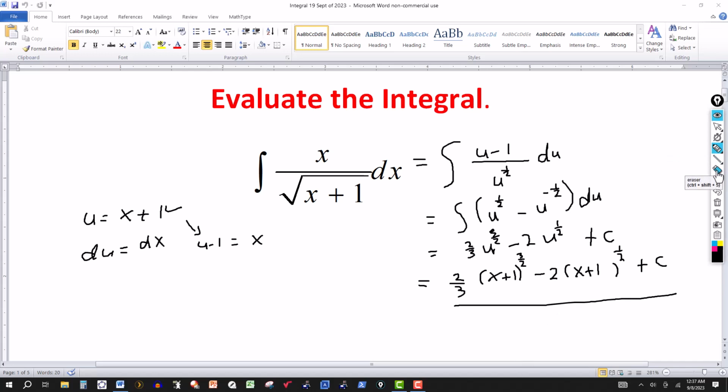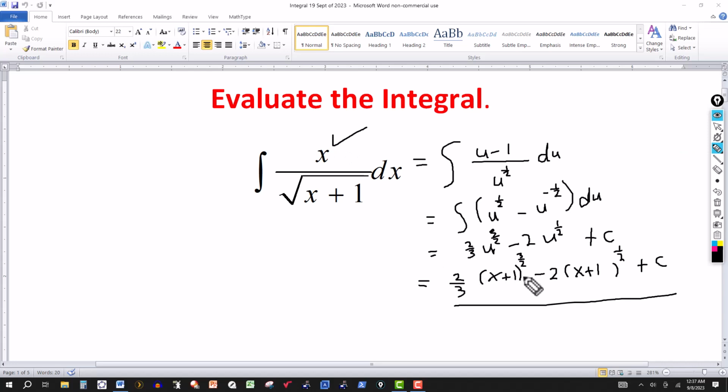And whenever you have time, just to practice your derivatives, you should check. So this is it for the video, but just to have some derivative practice here, we'll take the derivative of this, and I'll get this integrand here.